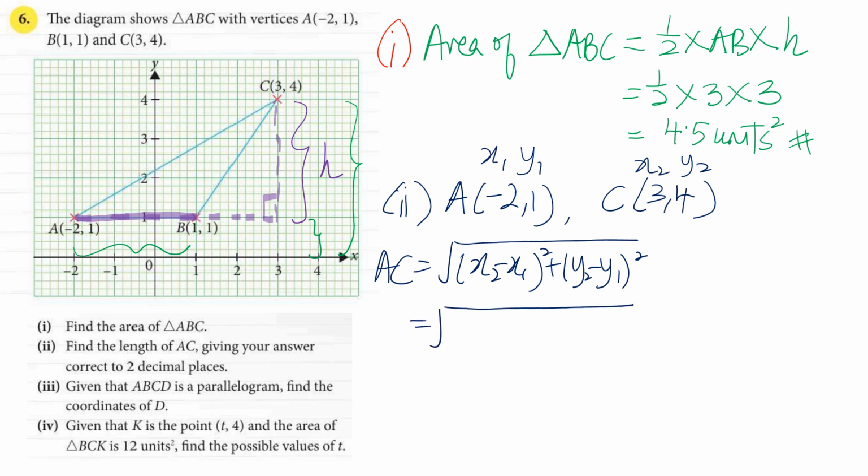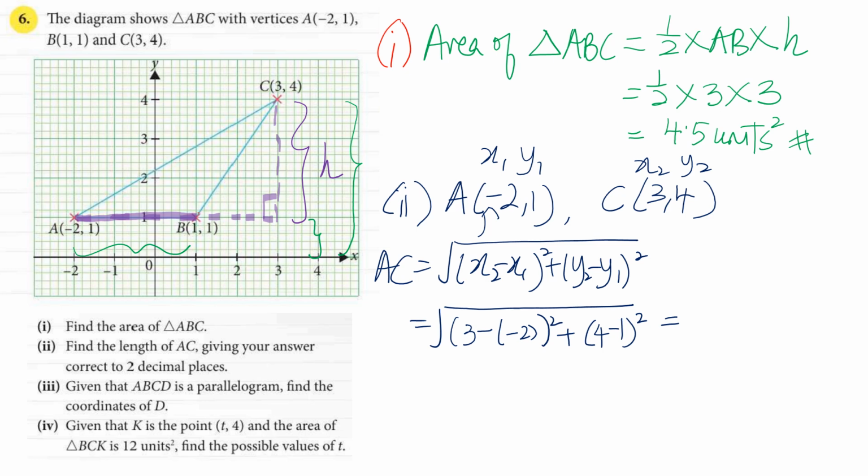So x2, it's 3 minus, okay, be careful with that because there's a minus here. So it's 3 minus minus 2, then square it, plus 4 minus 1 squared. Okay, we can use a calculator to work this out. So that will be square root first, then bracket, then 3 minus, then bracket again, minus 2, close, close.